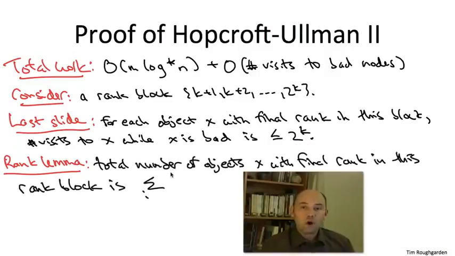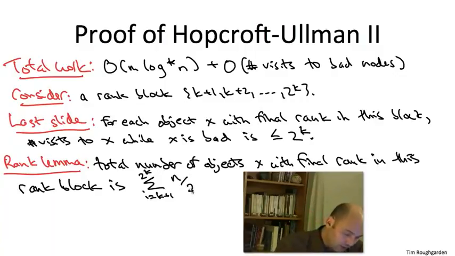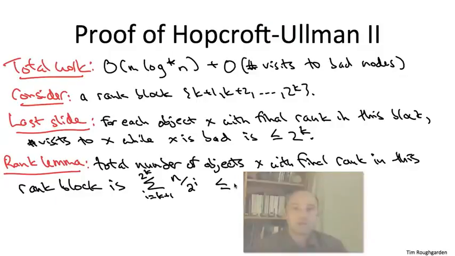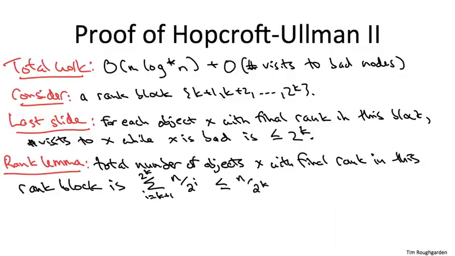So let's just sum over all of the ranks in the rank block, starting at k plus 1, going up to 2 to the k. By the rank lemma, for a given value of i, we know there's at most n divided by 2 to the i objects that eventually wind up with rank i. And by the usual geometric sum, this whole thing can be upper bounded by n divided by 2 to the k.